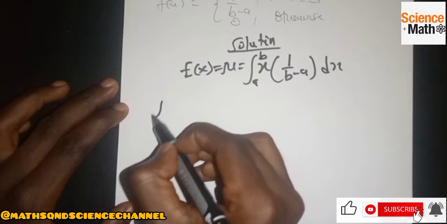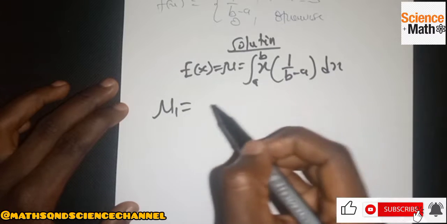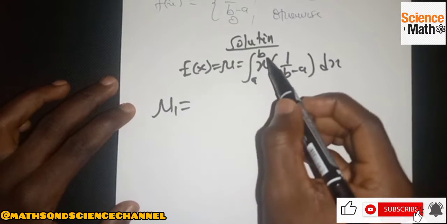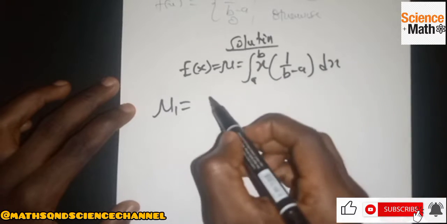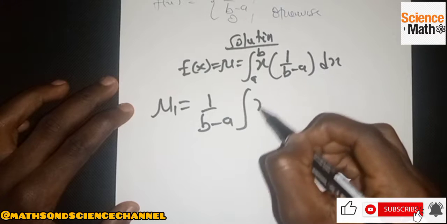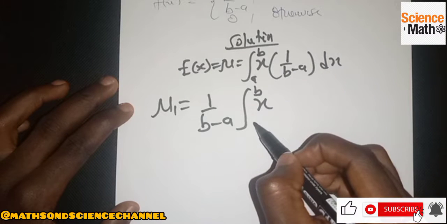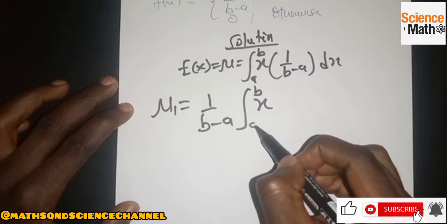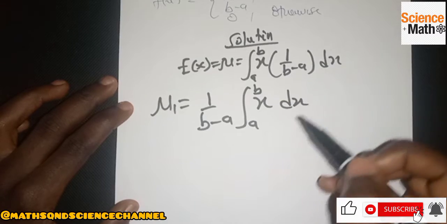Okay, so we have mu, let's call it mu1, and then from here we bring 1 over b minus a outside, and then we have x here, b, and then a, the limits.